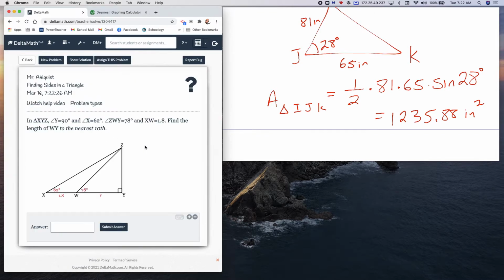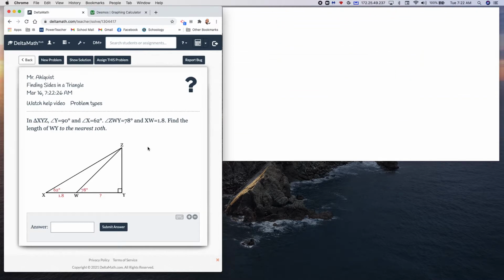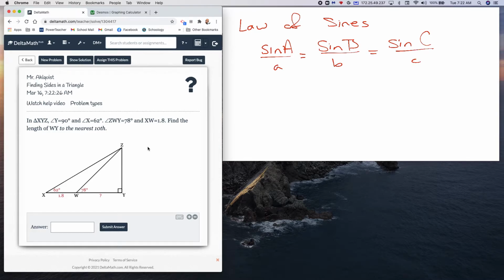And then we're going to talk about this one here. So this is just another example. So remember that the law of sines is equal to the sine of angle A divided by A is equal to the sine of angle B divided by B is equal to the sine of angle C divided by C. If you haven't done the law of sines, you've got to go back to get that.